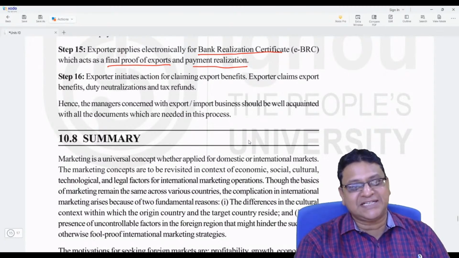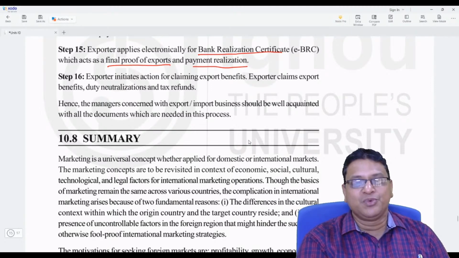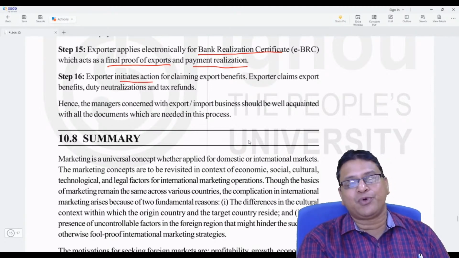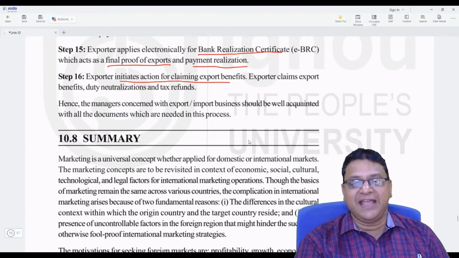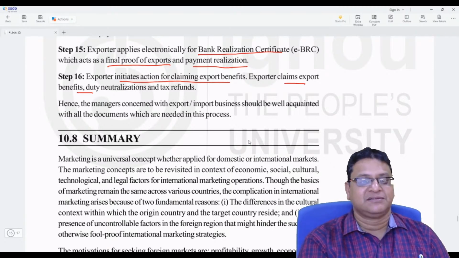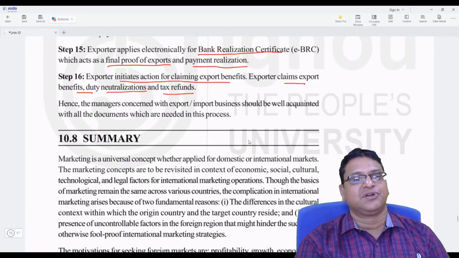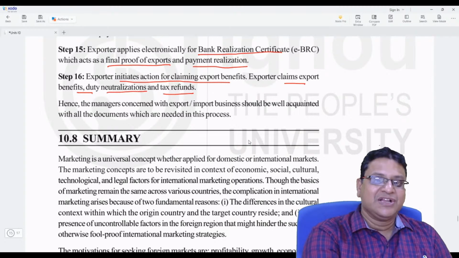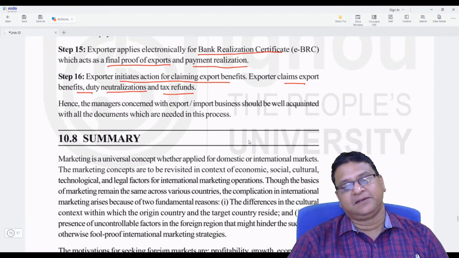Once you have the BRC certificate, with the help of this BRC certificate, you can get export benefits declared by the government. You can claim these export benefits like duty neutralization, tax refunds, all these things. So these are certain procedures of export.